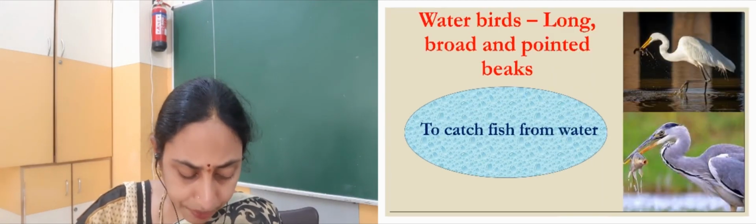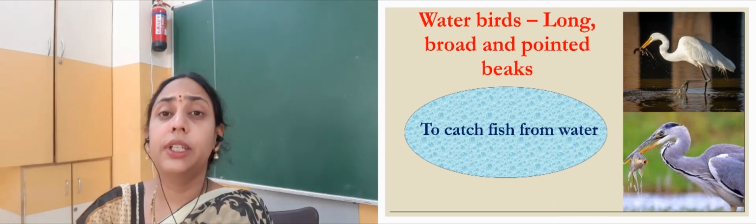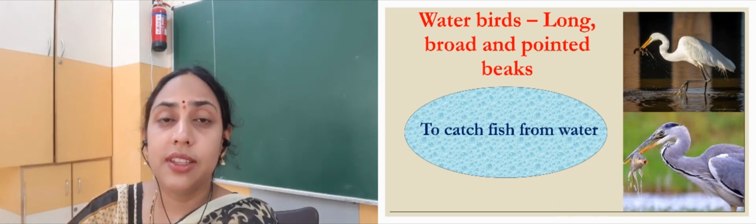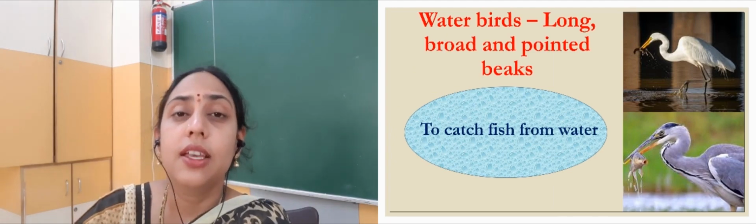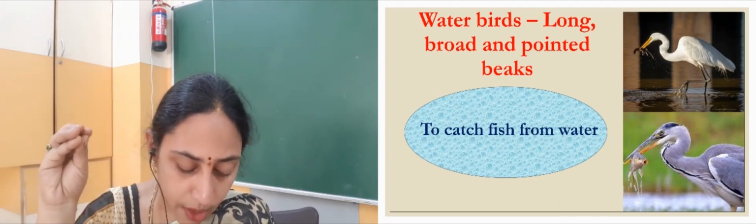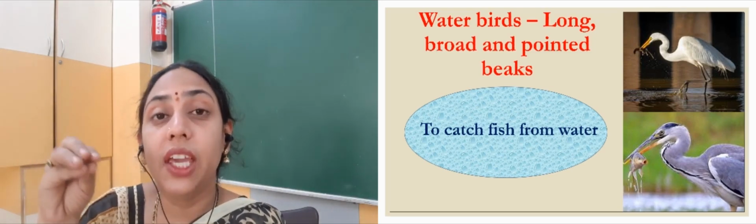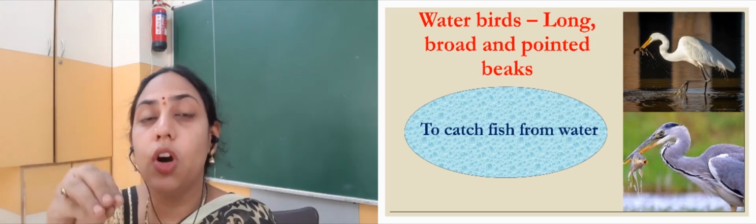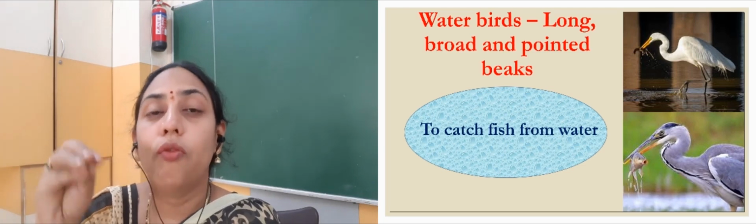So that is about the different birds. And some water birds like herons, cranes and egrets have long, broad and pointed beaks, because they generally feed on small animals present in the water, right?